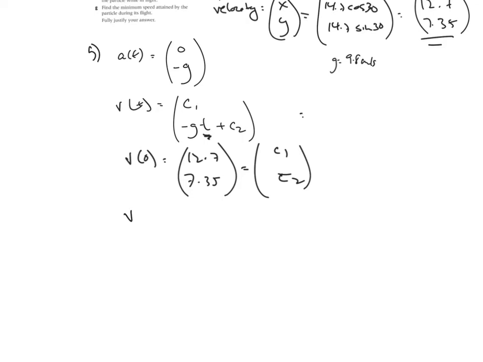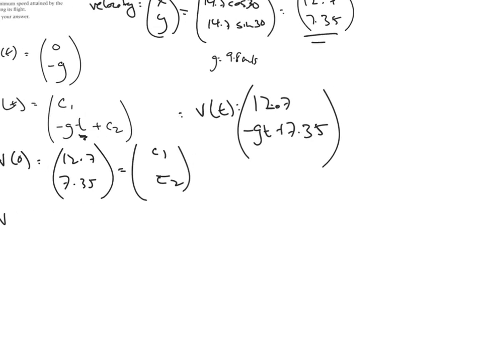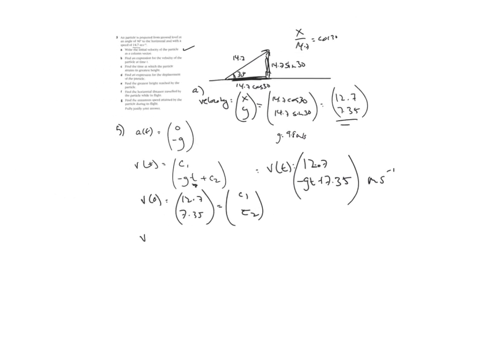My velocity function is 12.7 and minus g t plus 7.35, in meters per second.